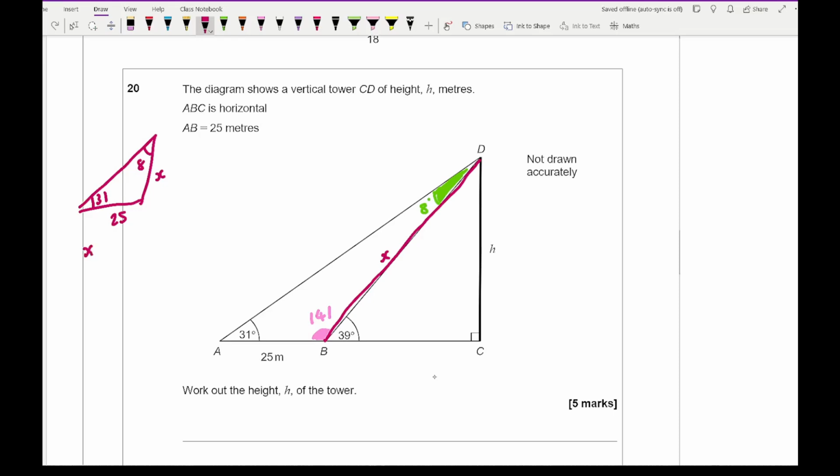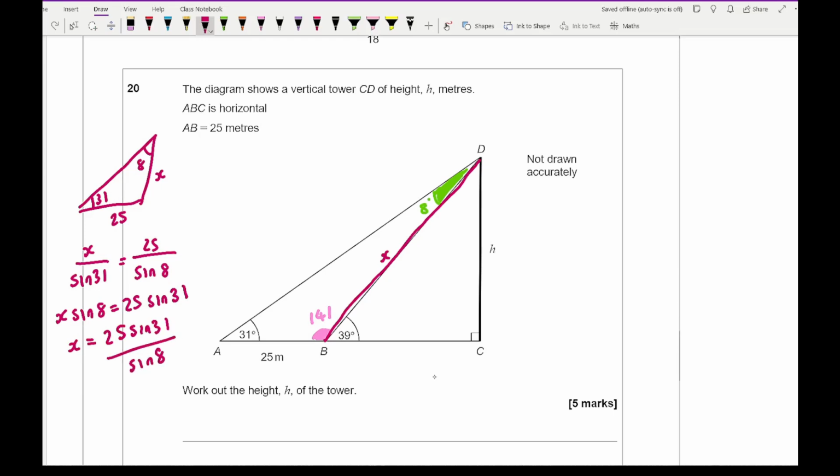So it's x over sine 31 equals 25 over sine 8. Do a bit of cross multiplying, and I get x sine 8 equals 25 sine 31. So x equals 25 sine 31 divided by sine 8.